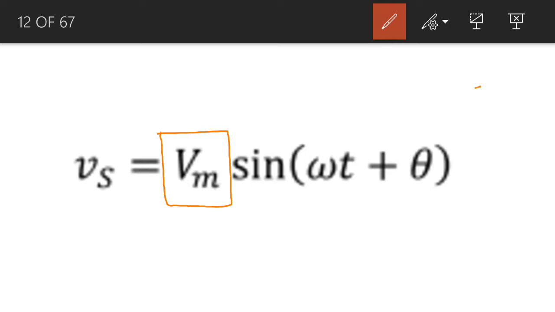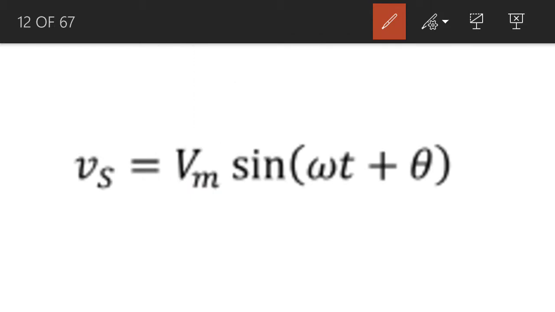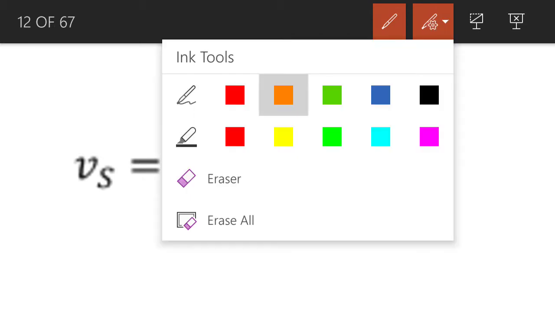Similarly, the phase angle of this AC voltage is unknown yet. So how to find out the phase angle of this AC voltage? Now what we do, we consider the original circuit.